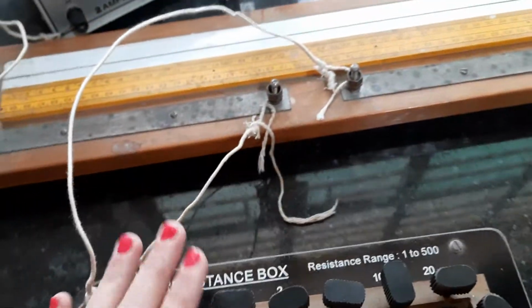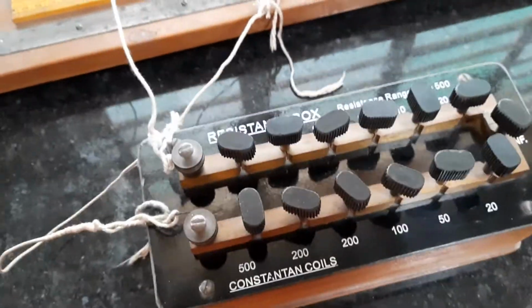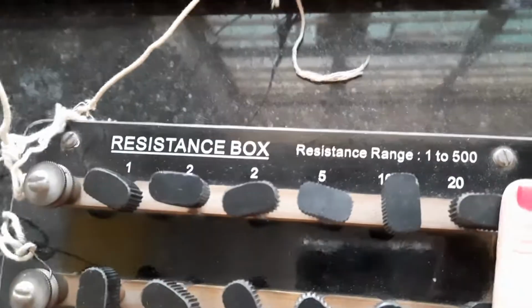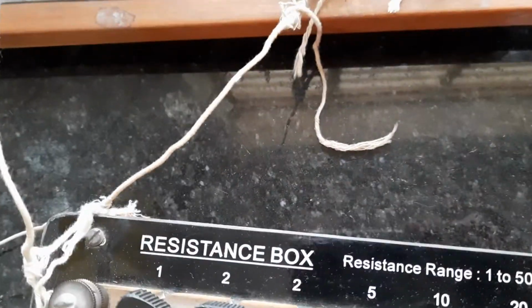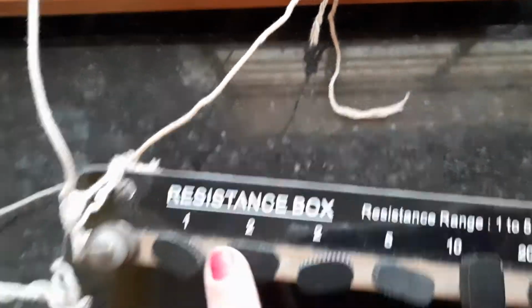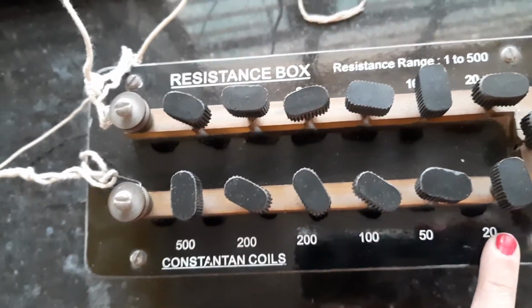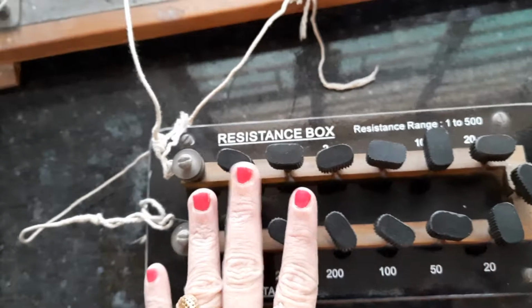As you can see, the resistances given to you are 20 ohms, 10 ohms, 5 ohms, 2 ohms. Here it is given 500, 200, 150. This is your resistance box.